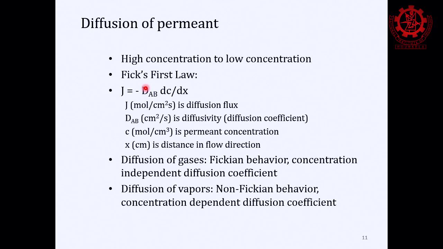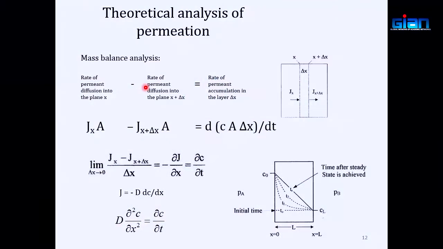So that unsteady state, how do we describe the diffusion? Let's take this film. I'm sure you have seen this in most textbooks. Take the flux at any point in the film, and take the flux at a distance delta x. This is the flux multiplied by area, which will give you the amount of the gas here and the amount of the gas here.